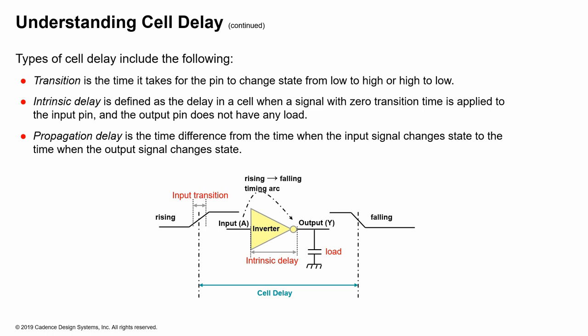And finally, propagation delay is the total delay between when the input signal changes state to when the output changes state. So that whole thing is considered as the propagation delay or the cell delay.